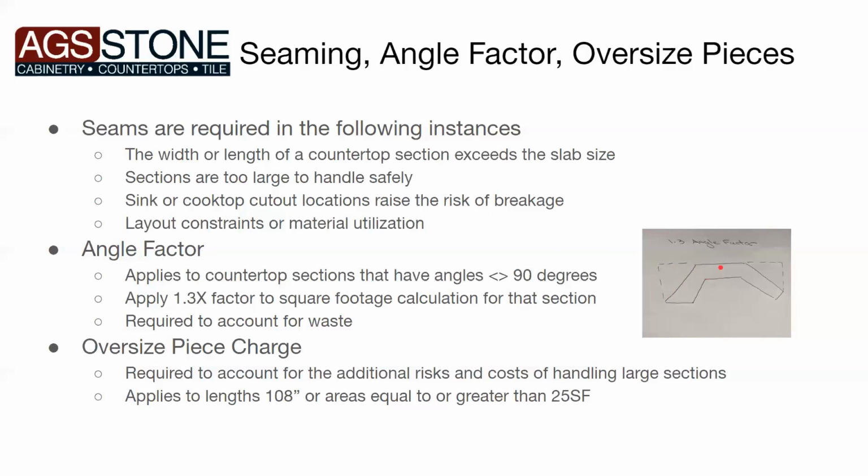Instead of just going straight across, the distance between those two points is actually greater. And so we don't like seaming at those points. However, seaming there would allow us to utilize material more efficiently.